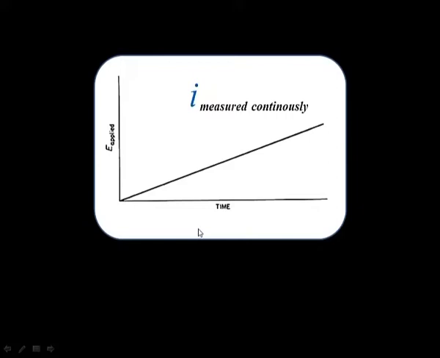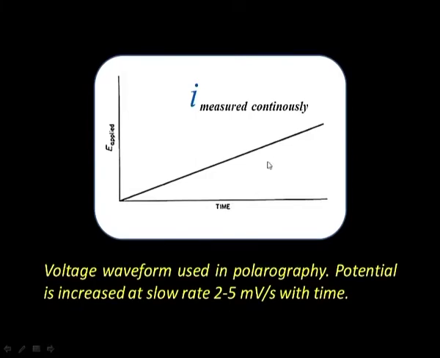In manual instruments, we change the potential ourselves and with time this potential increases. Whereas in the recording units, the motor-driven change in potential takes place, and the rate at which this changes may vary from 2 to 5 millivolt per second. This is the simple voltage waveform used.